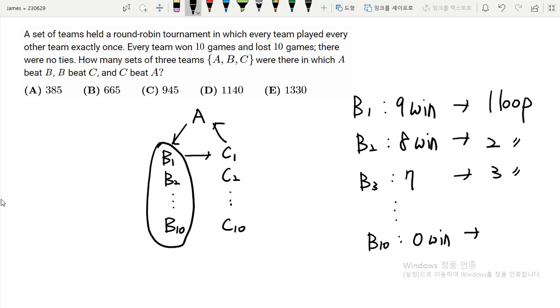So if B10 beats every team C, we can make 10 loops. So for the number of loops, we can add 1 through 10.